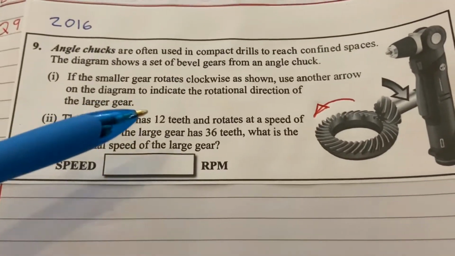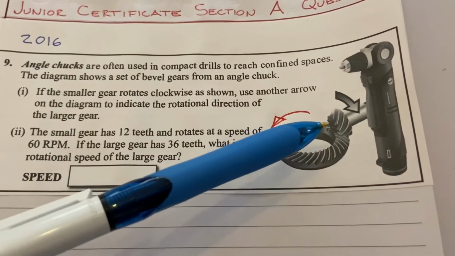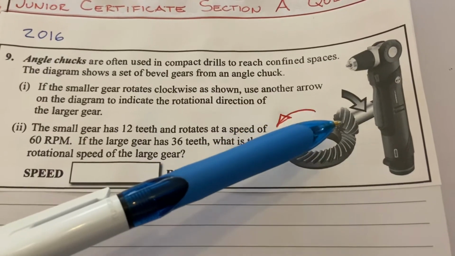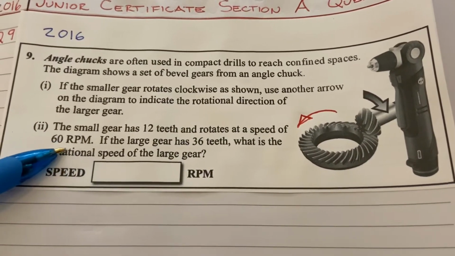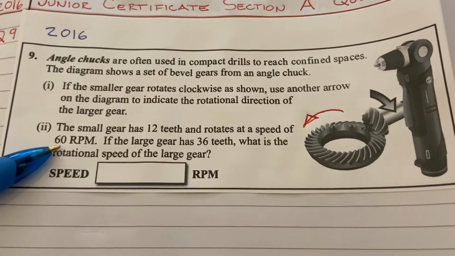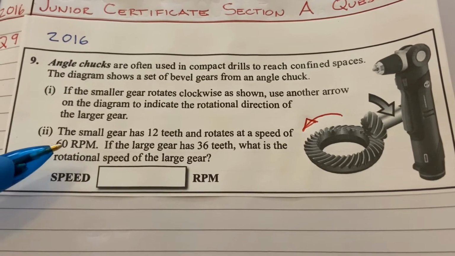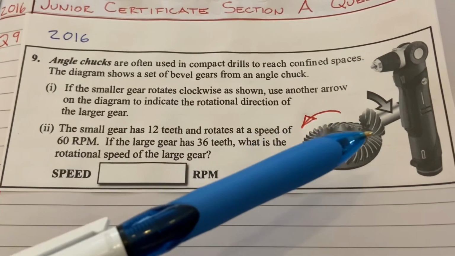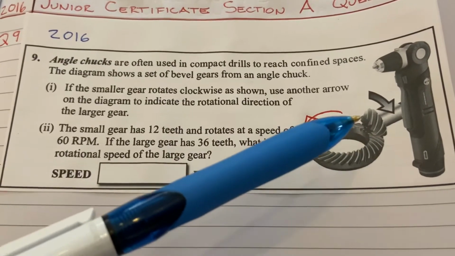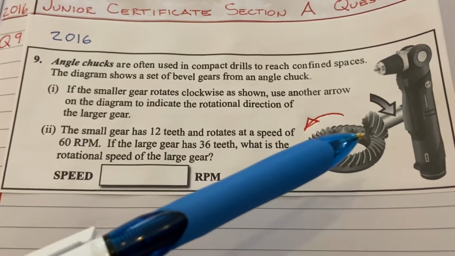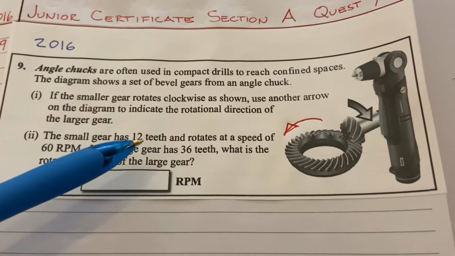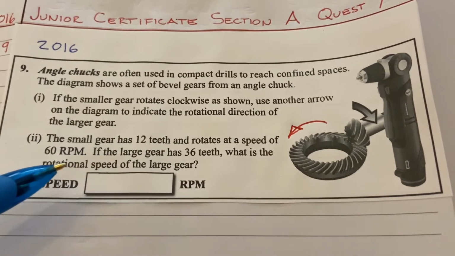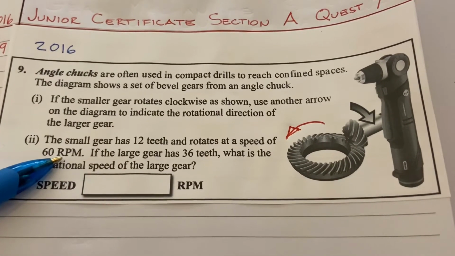In the question we were told that this small gear wheel has 12 teeth and it is spinning at 60 RPM. So in a minute, this gear wheel will have spun around 60 times. It has 12 teeth on it and it is spinning at 60 RPM.